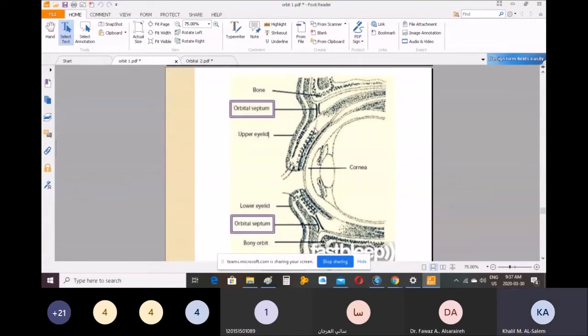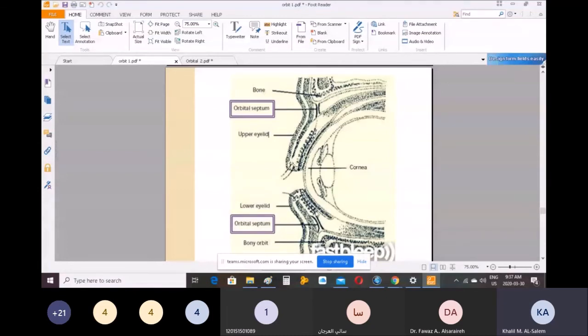Okay, so let's talk about the orbital septum. The orbital septum is an anatomical septum. It's not physiologic. It doesn't really have any other function other than pushing the contents of the orbit back, and it has a direct continuation with the periorbita.